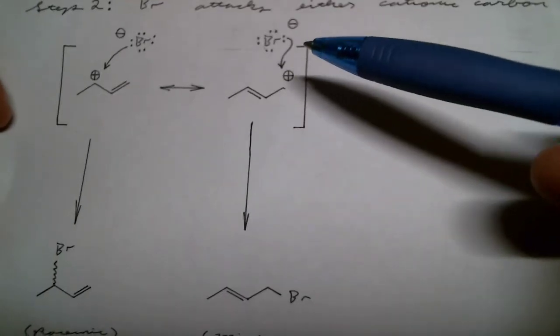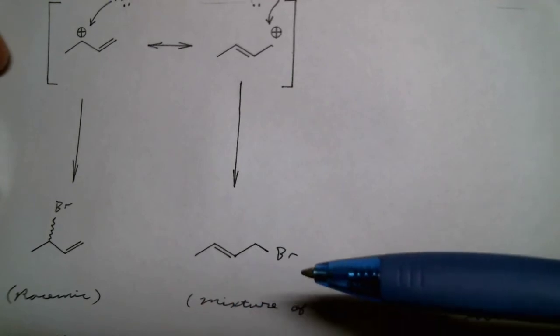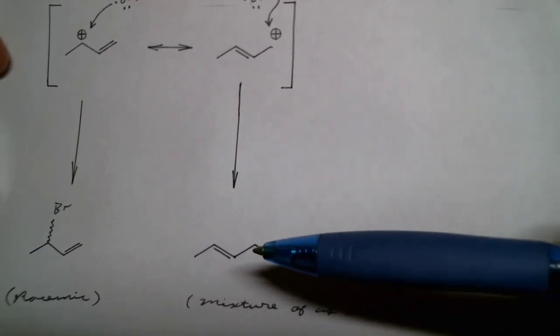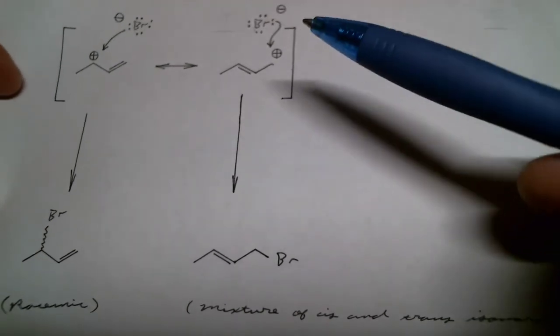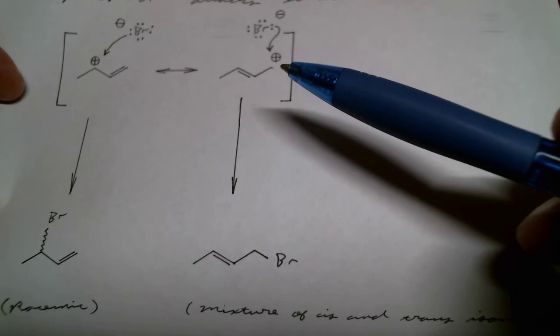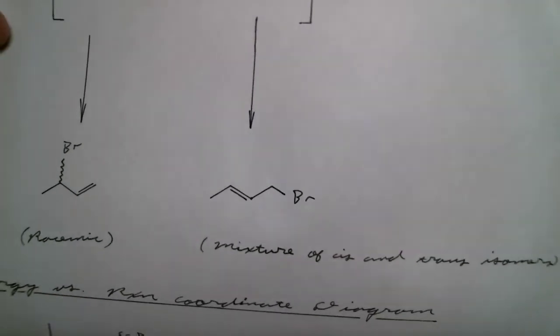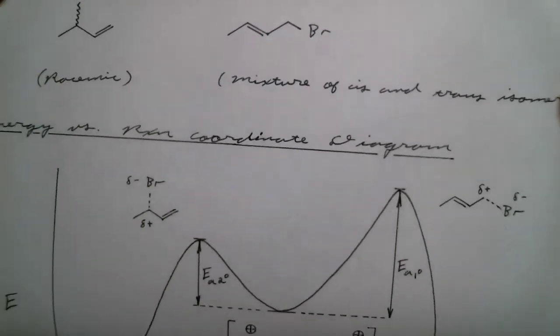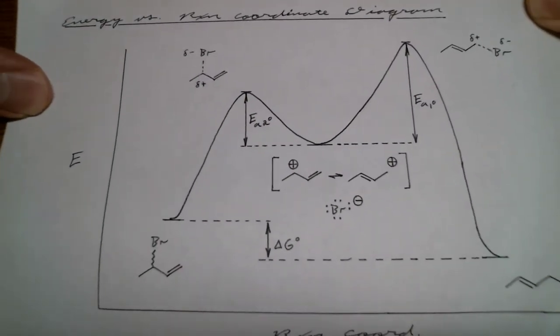But at higher temperatures, we prefer forming the thermodynamically more stable, mixture of cis and trans dialkyl substituted alkenes. And that happens when our bromide anion hits or substitutes on that primary allylic carbocation. So beautiful Markovnikov addition. Here's a picture of the energy versus reaction coordinate diagram.